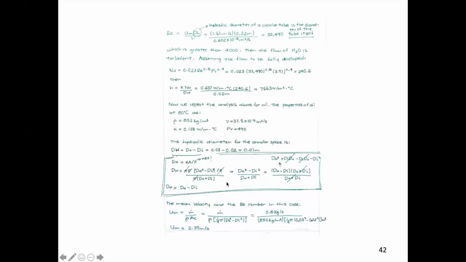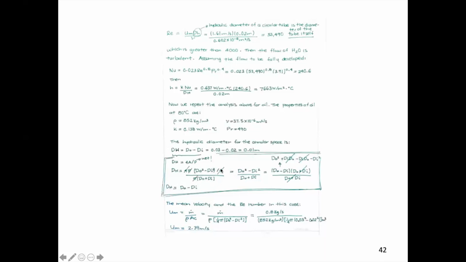Why? Well, because I did all the derivation here that you can do also. Hydraulic diameter is 4 times cross-sectional area divided by the wetted perimeter, right? Cross-sectional area is pi times d out squared minus d inner squared, divided by 4, divided by pi times d out plus d inner, right? We cancel this 4, cancel this pi, right?